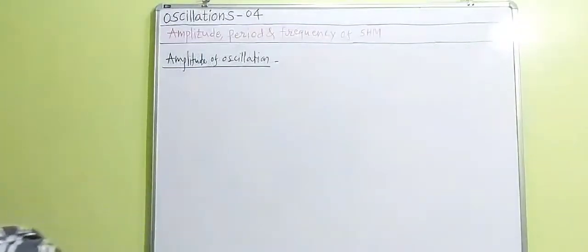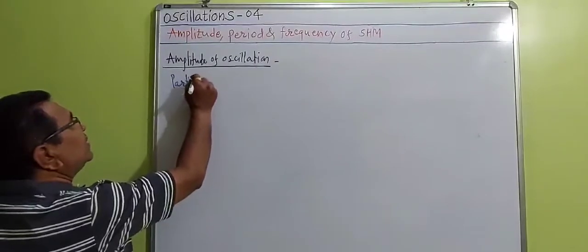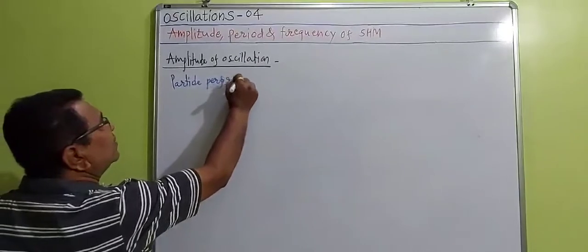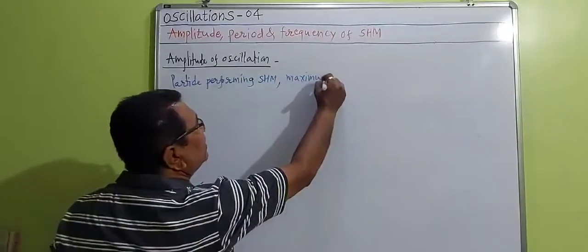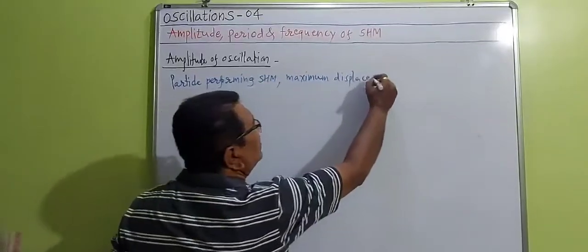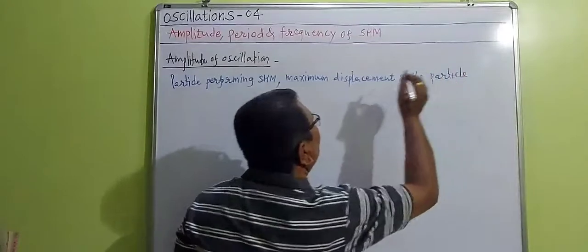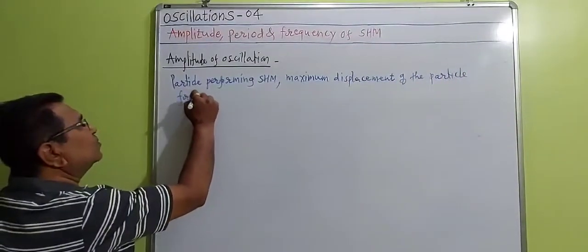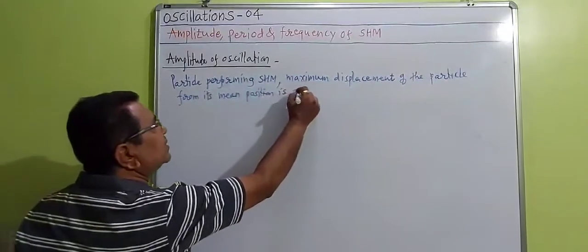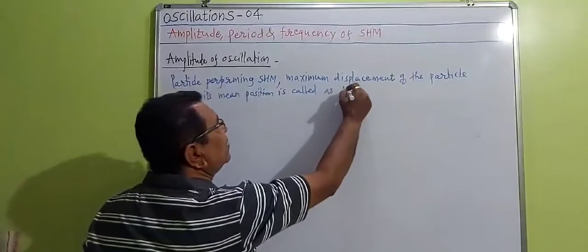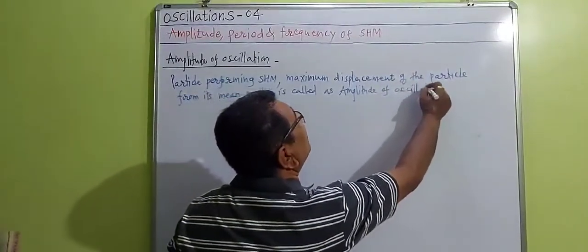The definition is: a particle performing SHM, the maximum displacement of the particle from its mean position is called amplitude of oscillation.